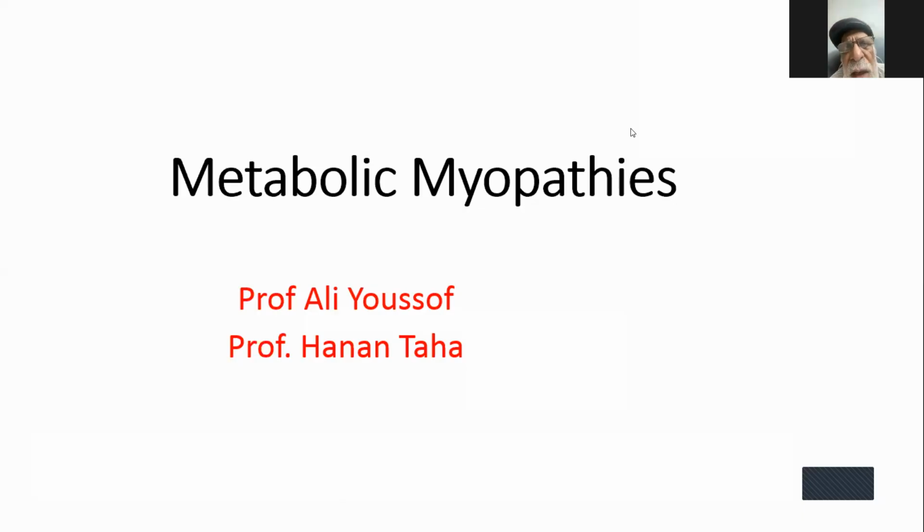This is known as non-out of wind, because if the defect is in glucose metabolism, glucose will not improve the problem. Then in glycogen defects, we have second wind, and we have improvement with using glucose or any disaccharide or monosaccharide. There is improvement in the exercise, and the end result, there is a defect.